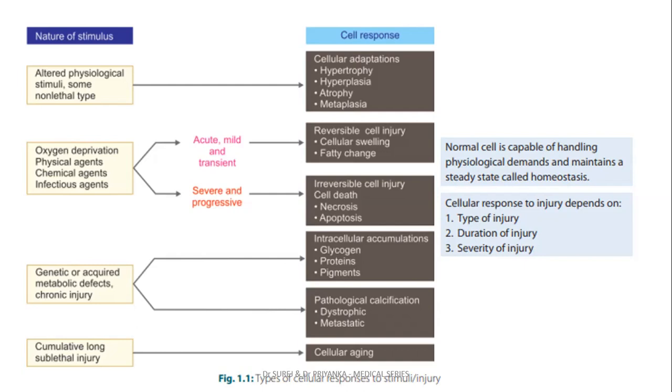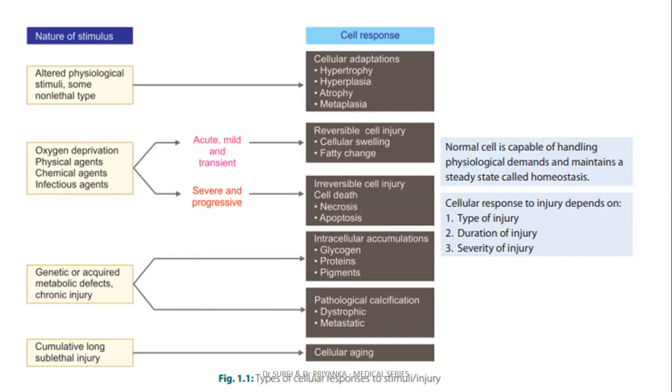So what you have to know is that depending on the agent, the host, the infectious organism, the severity and mode of attack, the cell injury response will differ. If it is acute or mild in nature, reversible cell injury. If it is severe and progressive, irreversible cell injury.